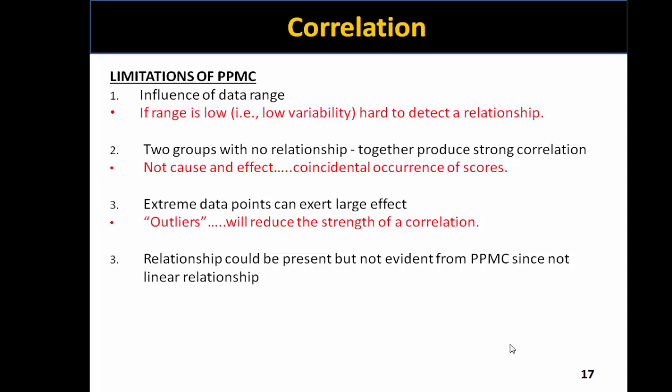The relationship could be present. This should be number 4 here. But the relationship could be present, but not evident from the Pearson product moment correlation, since the relationship is not linear. So a relationship between two variables could in fact exist, but the nature of the relationship is best described in a nonlinear fashion.